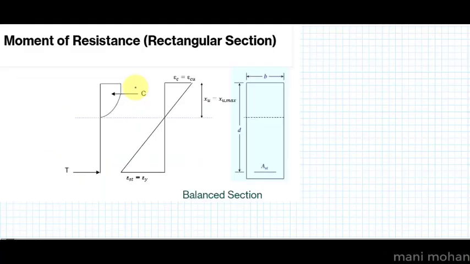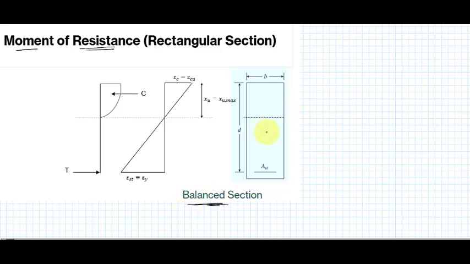The flexural strength of a reinforced concrete section is also known as the moment carrying capacity of the section. This moment carrying capacity is also called the moment of resistance. We will be computing the moment of resistance for a singly reinforced rectangular section. The first case which we are going to consider is if the singly reinforced section is a balanced section.